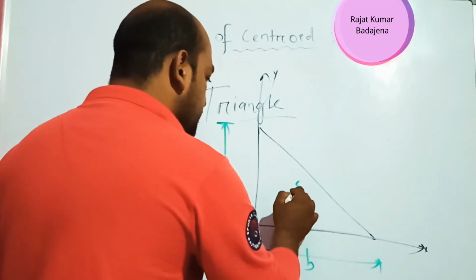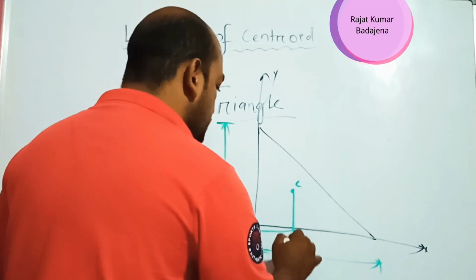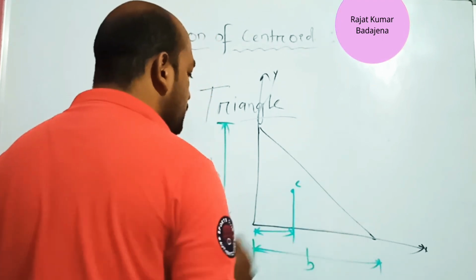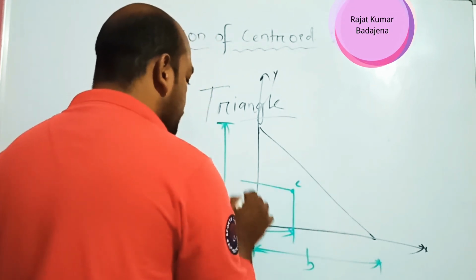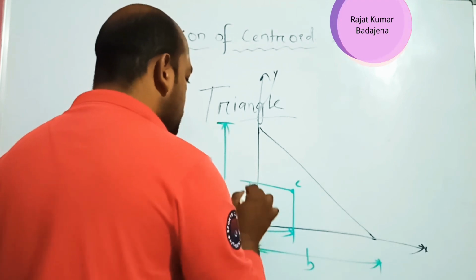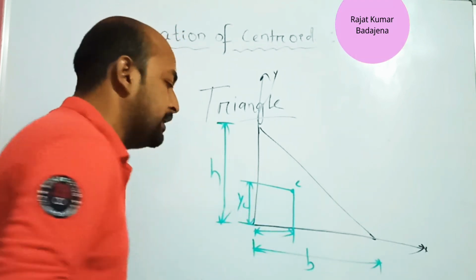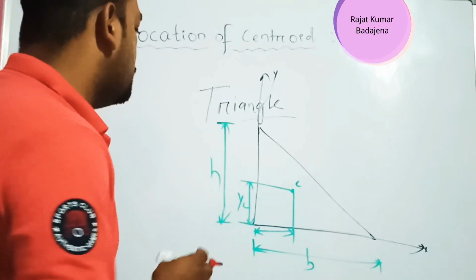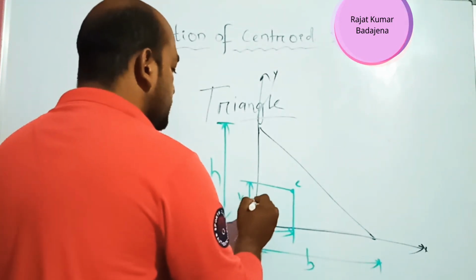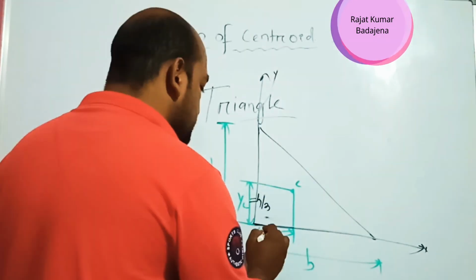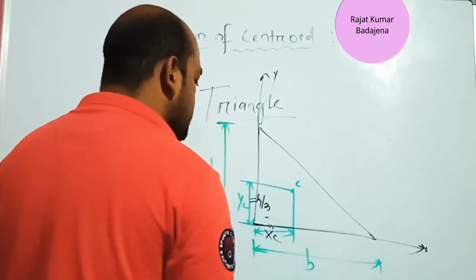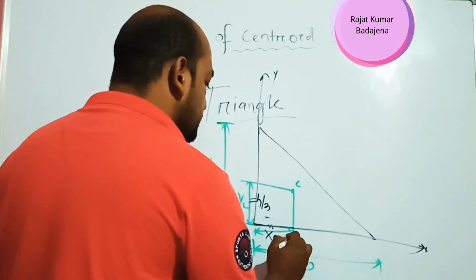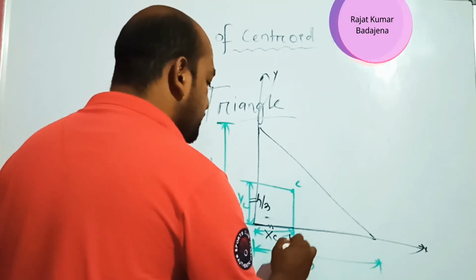From this point, this is the centroid about the x-axis, and from this point to this point, the centroid about the y-axis. Always remember, this is the height h. So y is h by 3, and this is b by 3.